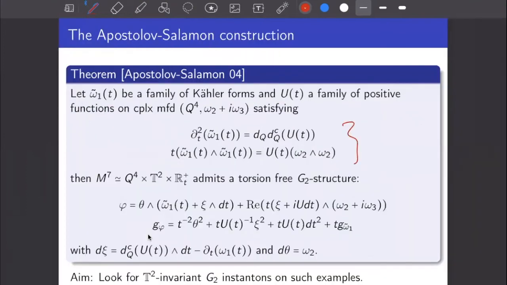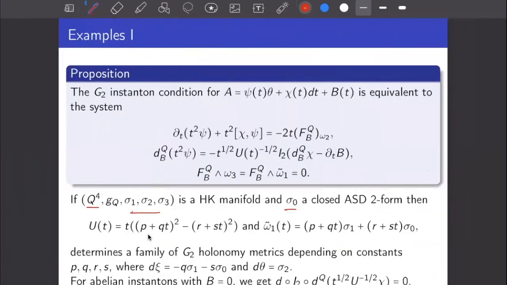This automatically solves the system here, and we get a torsion-free G2 structure. The solutions are given by a family of positive functions and a family of scalar forms. This all depends on 4 constants P, Q, R, and S. And the T2 bundle over our 4-manifold is determined by the following 2 curvature forms.